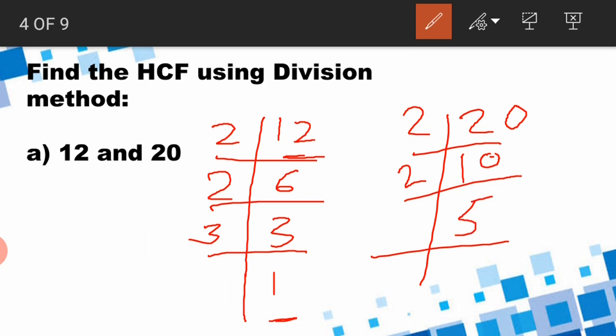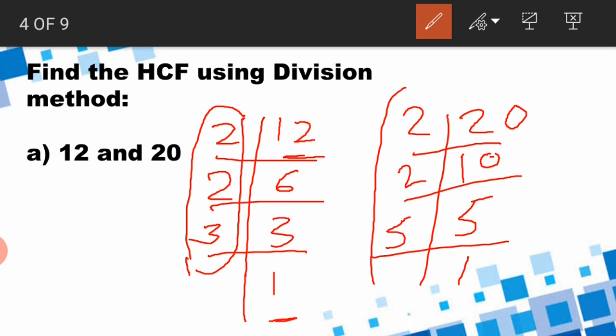Now we have 5. 5 is only divisible by 5. So 5 1s are 5. Now class, these are the prime factors of 12 and these are the prime factors of 20.